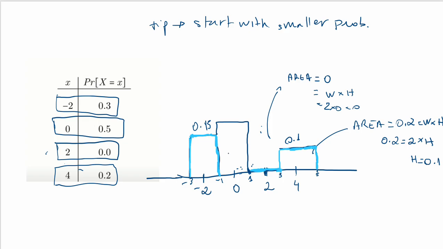But I know that the width is 2, so the height has to be 0.25. Okay, and let me correct a little bit the height. I want to make it a little higher than it is, just to maintain proportionality, it would be like this. Okay, so this is the histogram.